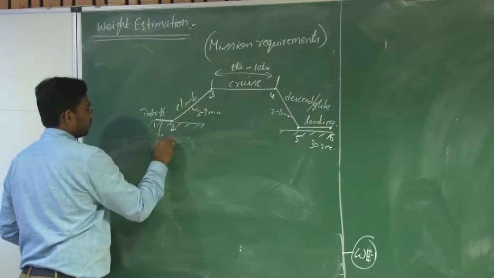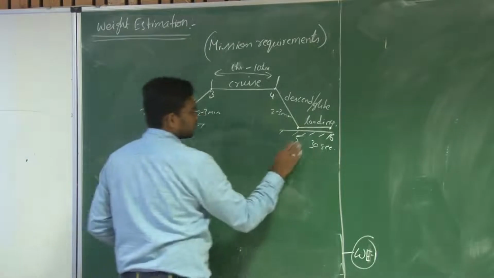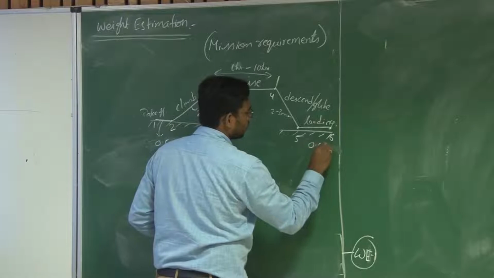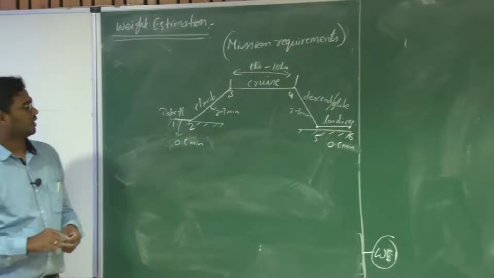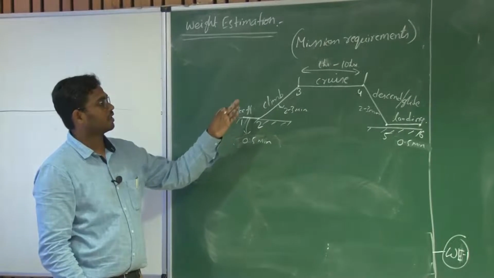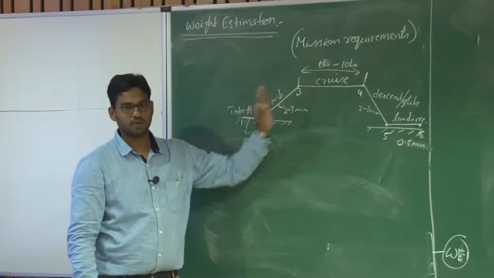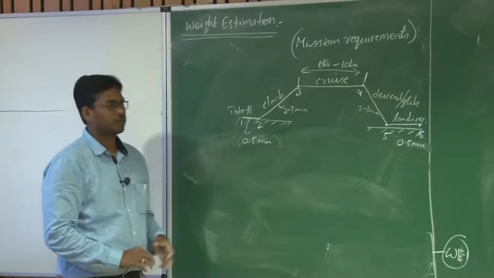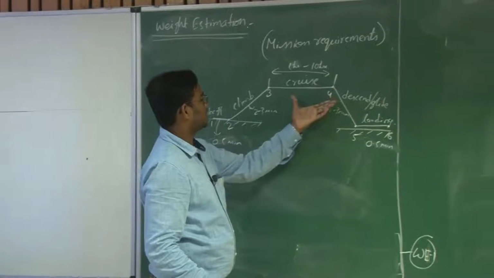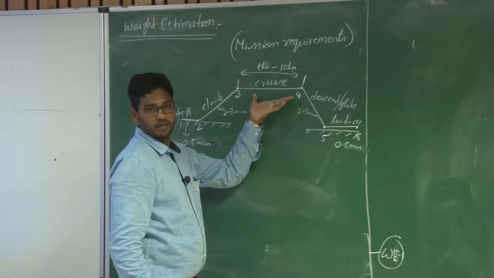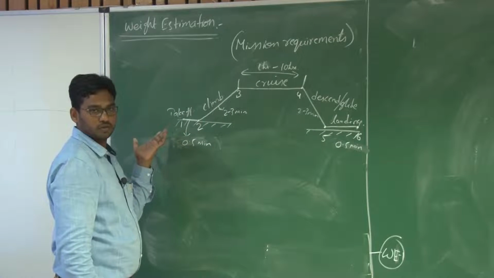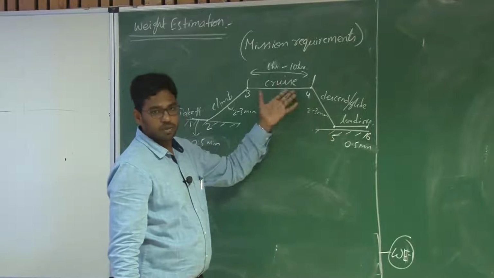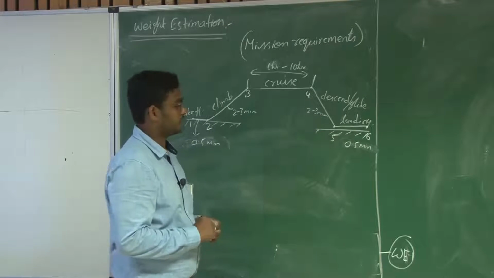So it is clear that the fuel consumption is maximum during cruise. That means the fraction W4 by W3 will be higher compared to W3 by W2 and W2 by W1, and likewise W5 by W4 and W6 by W5.